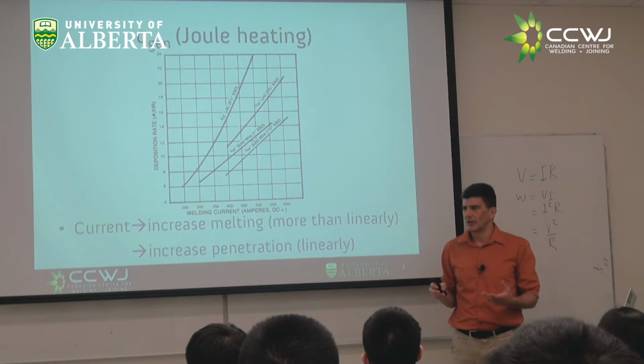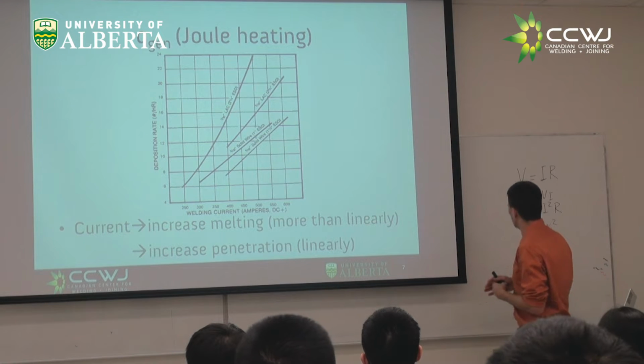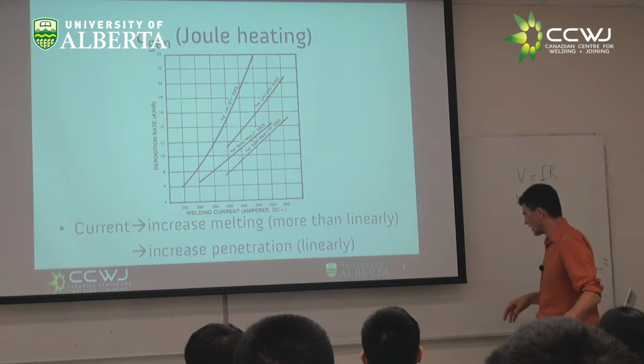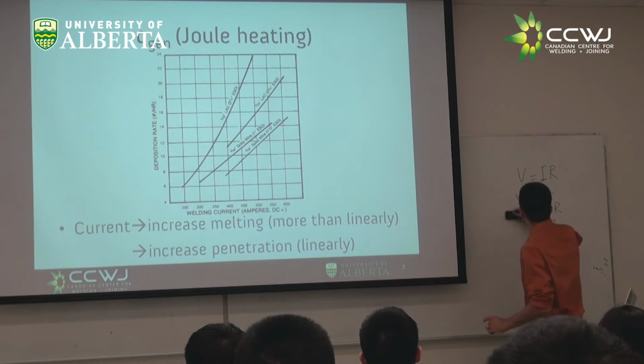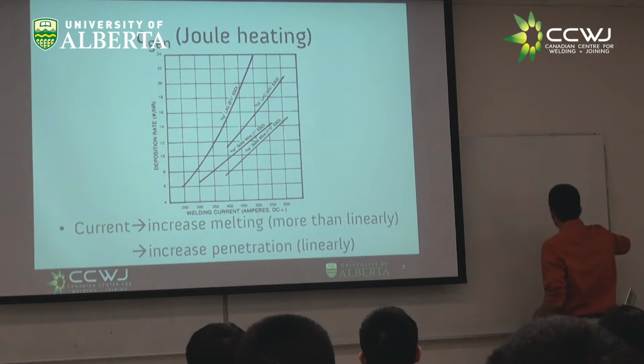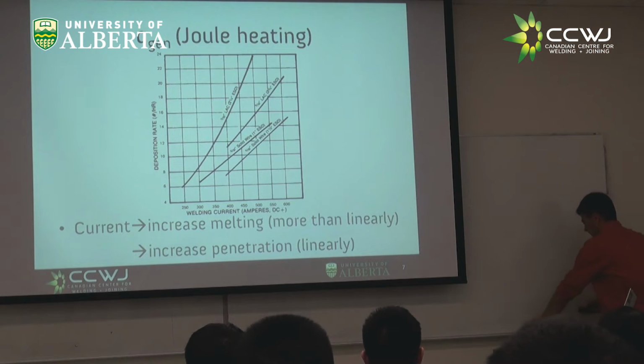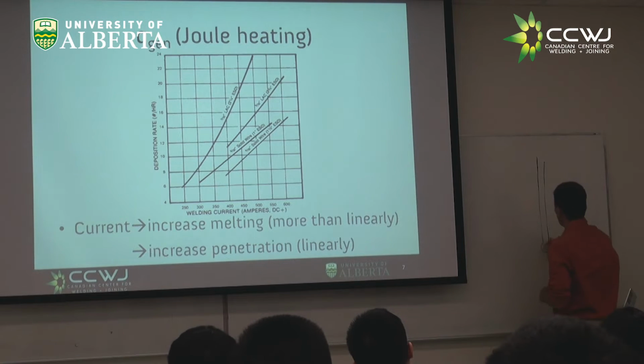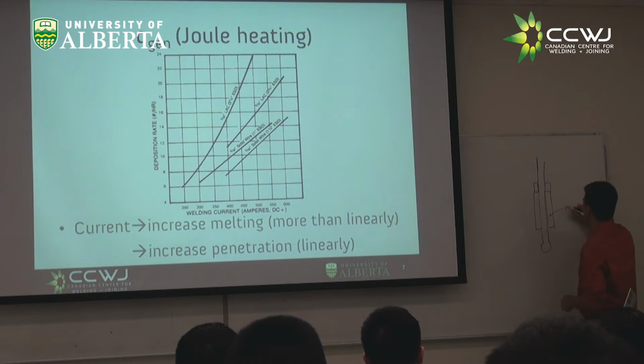For example, you can have an electrical stick out and a mechanical stick out. In the case of hot wire, you have something like that. For example, if this is your wire, you could have this. This would be an insulating tube.